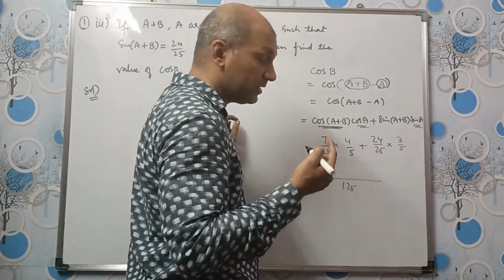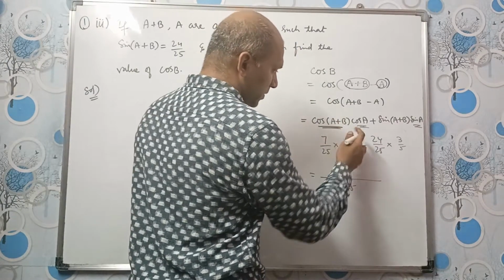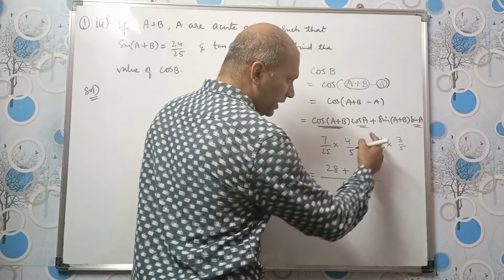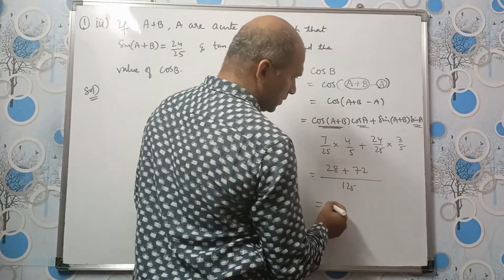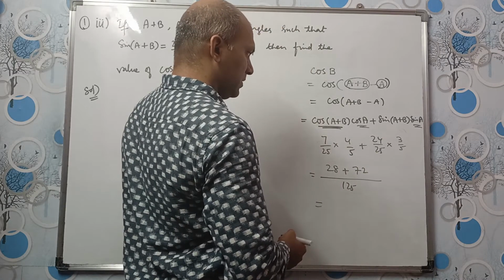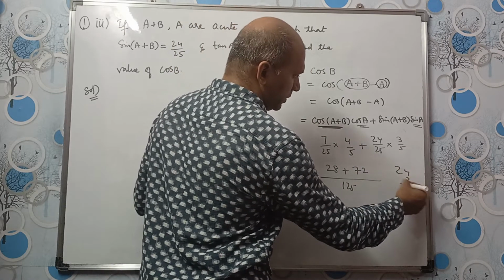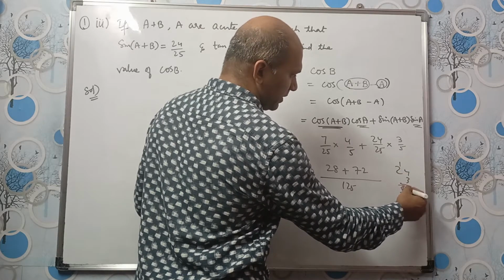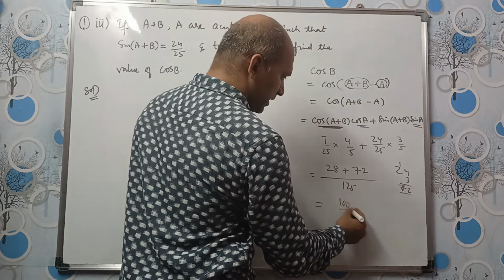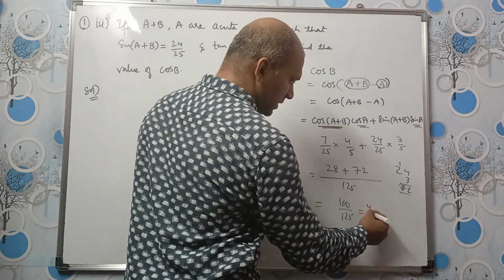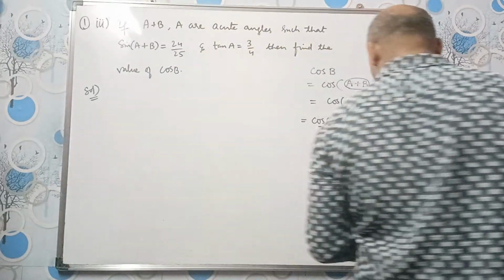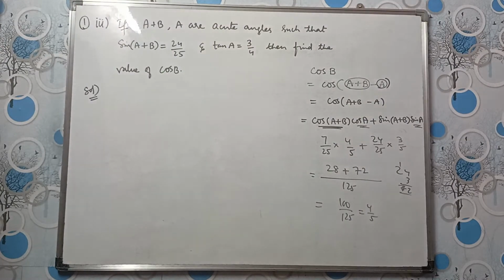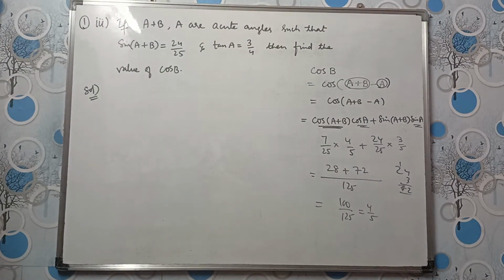Denominators are same, write it one time. Okay, this is 28 and this is 72. Okay, yes, 24 3 12 6 7 72. So this is 100 by 125, so this is 4 by 5. Okay, so what is cos B? It is equal to 4 by 5.